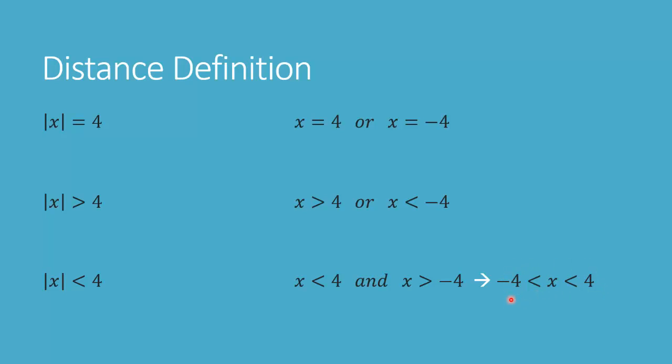So it is actually just all x's that are between negative 4 and 4. And in distance terms, this is all x's that are within 4 units or less from the origin. So 1, negative 3, negative 1.5, all those numbers are within 4 from the origin.